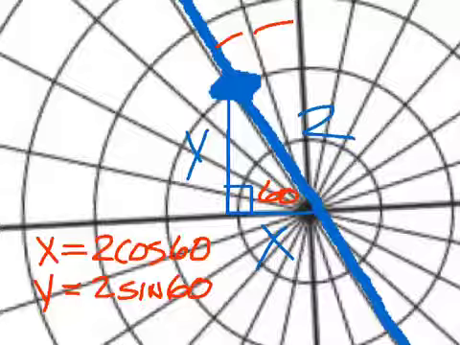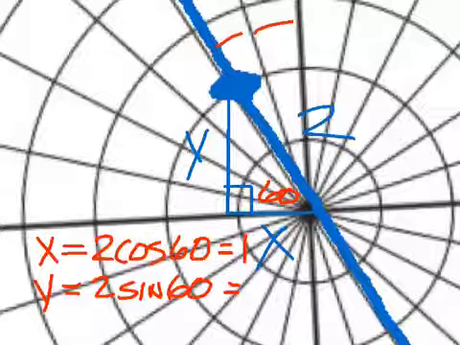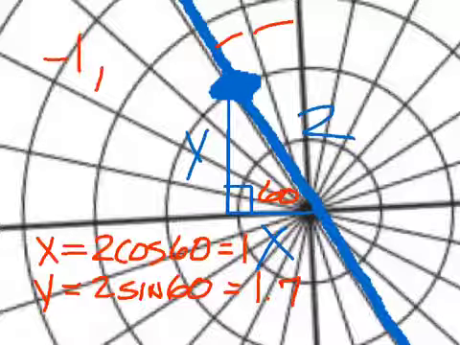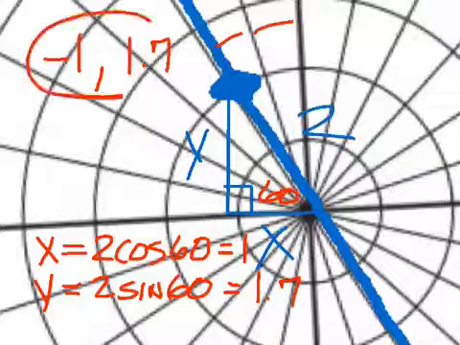Okay, so cosine 60 times 2 is going to be 1. And then sine 60 times 2 is 1.7. You're in the second quadrant, so that should be a negative 1 and 1.7.